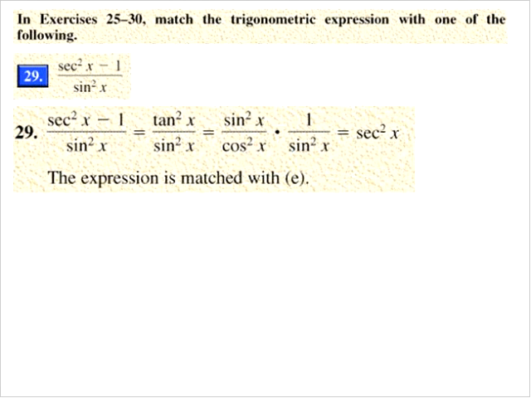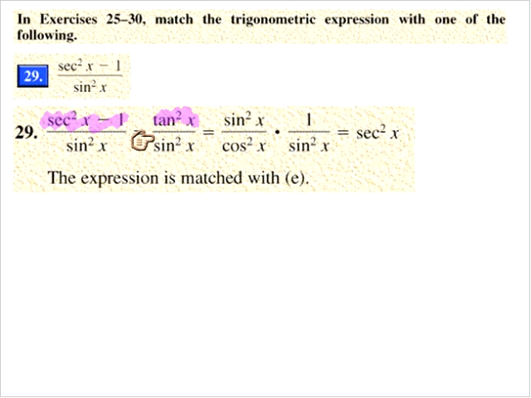We start by asking, what can we replace secant squared x minus 1 with? Using our Pythagorean identities, which you can find listed in Lesson 1, you just have to make sure you write them down in your notebook, secant squared x minus 1 is the same thing as tangent squared x.